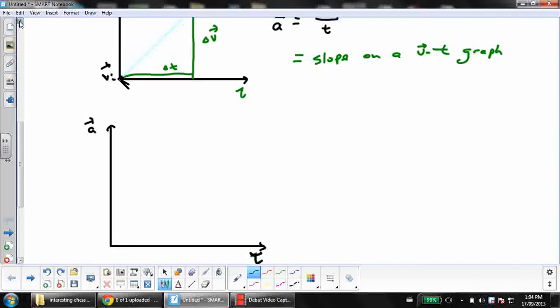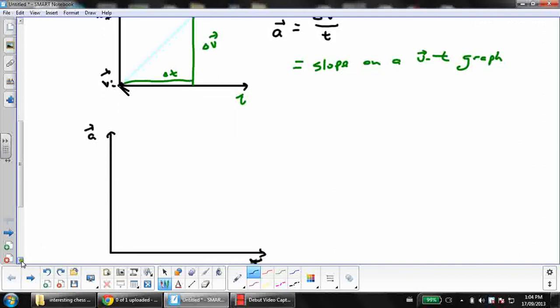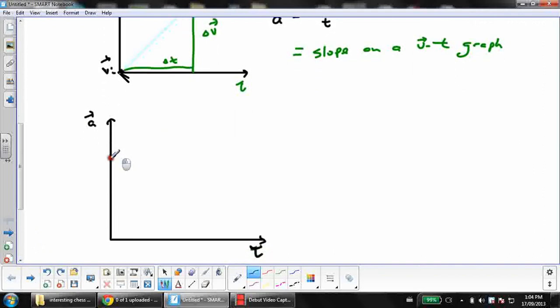Even for this motion up here, if I found the acceleration at this part, I'd get a number, and since this is a straight line, the slope of this part of the line is equal to the slope of this part of the line, is equal to the slope of this part of the line. So I would get a straight line. Yes, that's a straight line in case you didn't know.